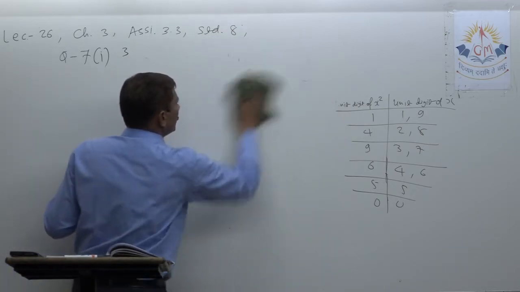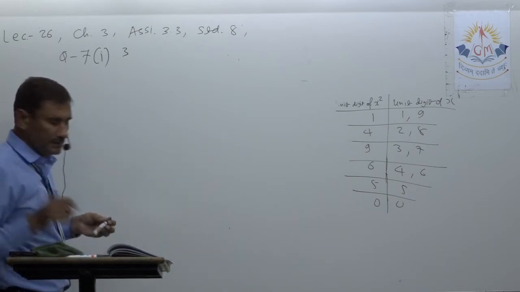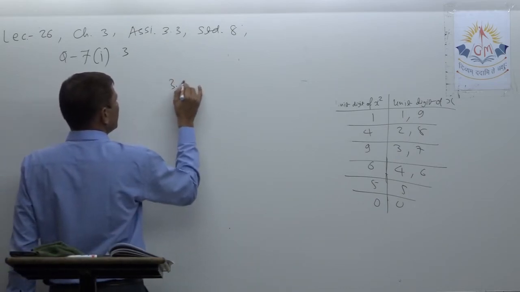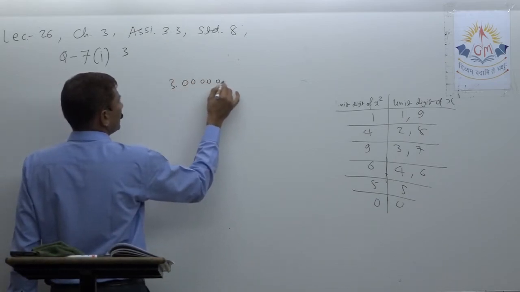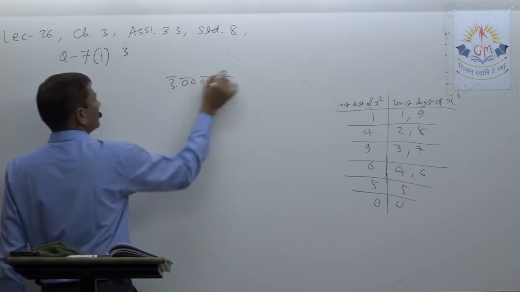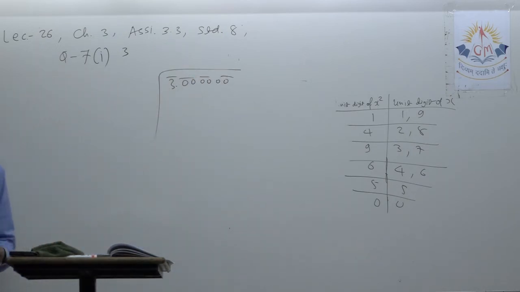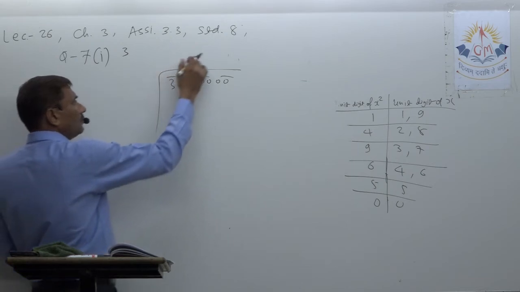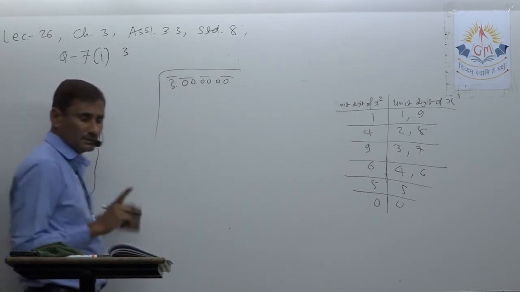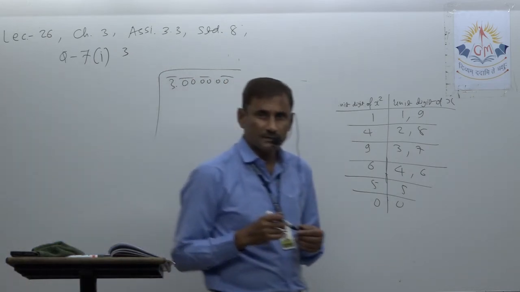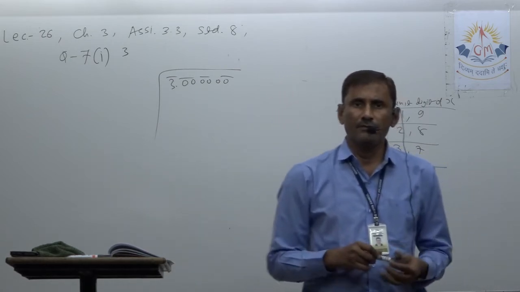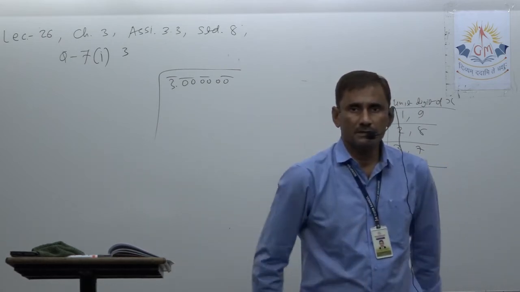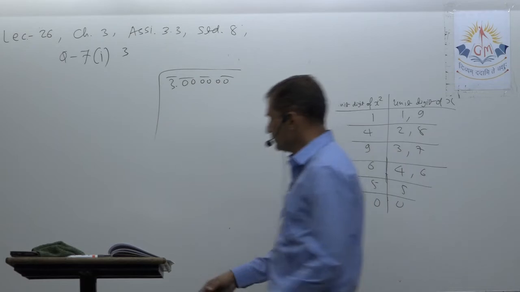We want 3 decimal places. So I write here 3 pairs of zeros. Why will I go up to 3 decimal places? Because whenever they ask for an answer up to 2 decimal places, at that time we will go one step ahead. So first of all, 1 ones are 1.